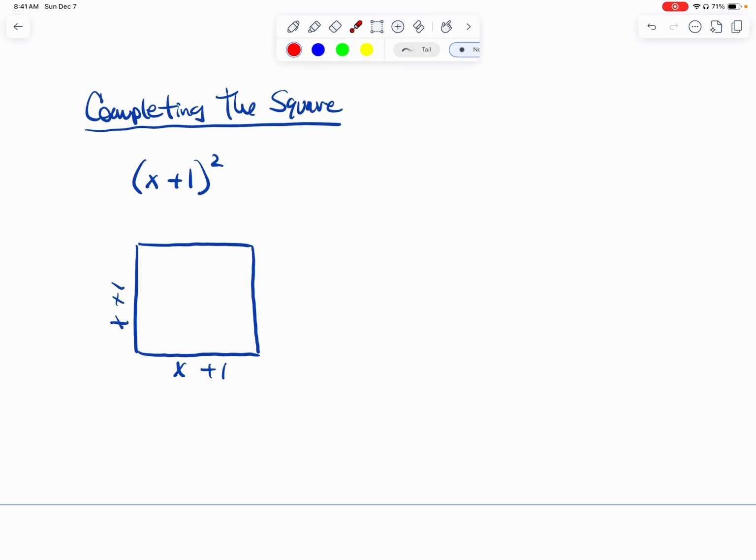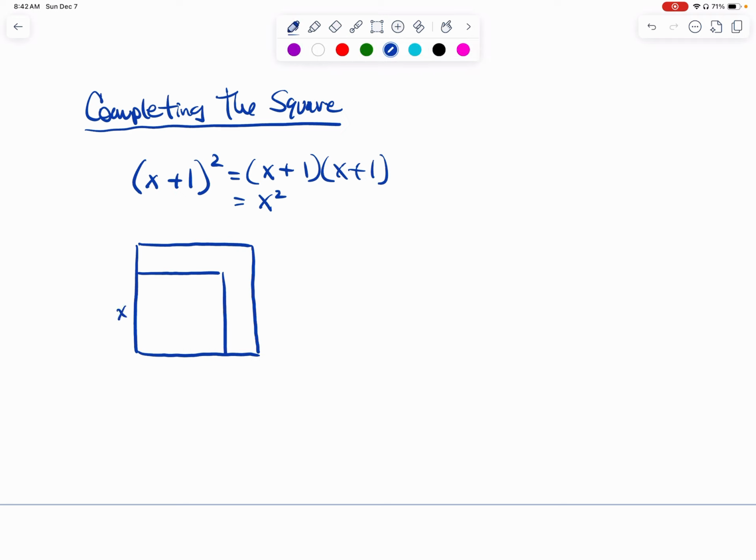However, if I were to, let's say, FOIL this thing out, it's the same thing as x plus 1 times x plus 1, and x times x for the first is x squared, and the x squared would look like this. I'm actually going to erase this and erase this right here.